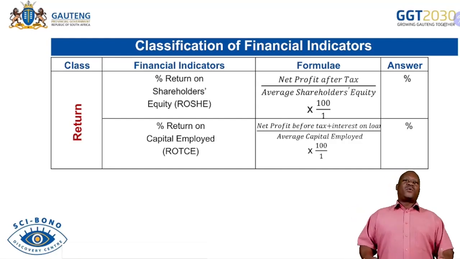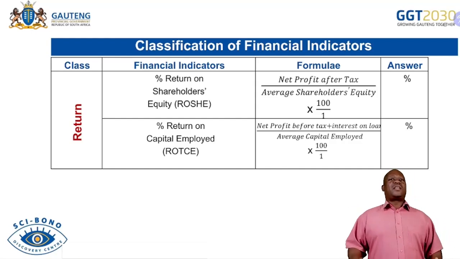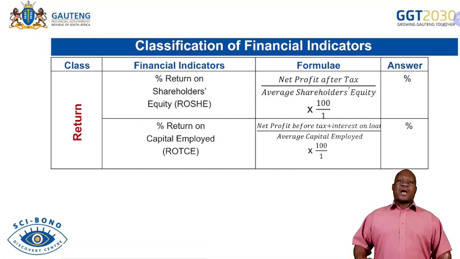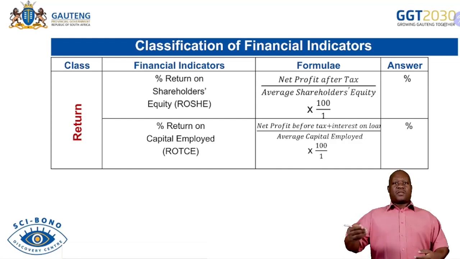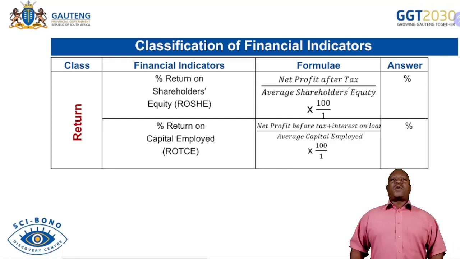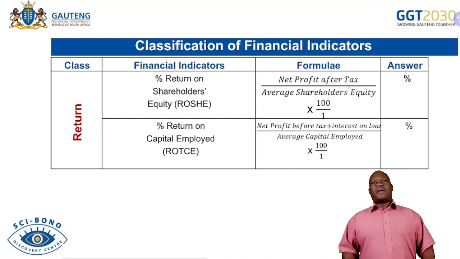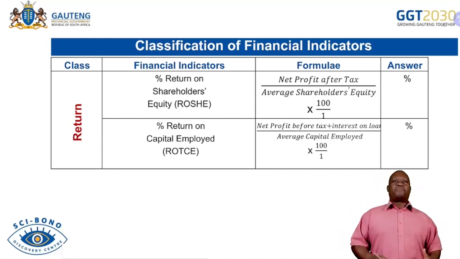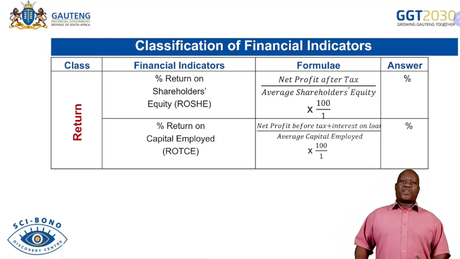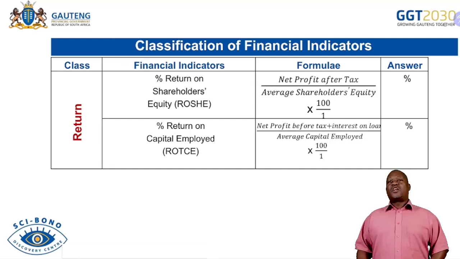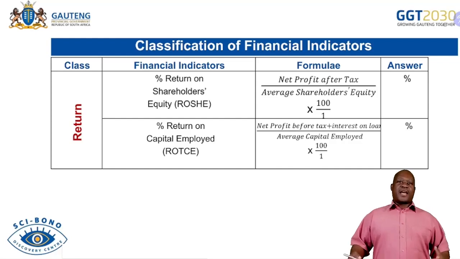That's the reason why you can easily remember the formula now. Return, this is net profit after tax. On shareholders' equity, it means we need to divide by average shareholders' equity. Please remember, average. It means we are going to need an average shareholders' equity, not shareholders' equity at the start or at the end.